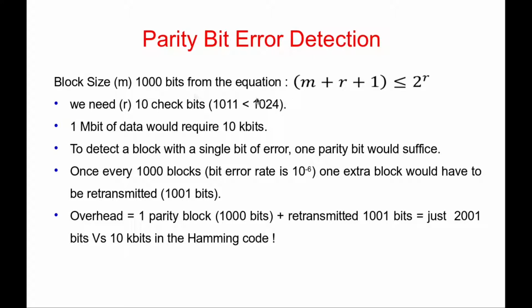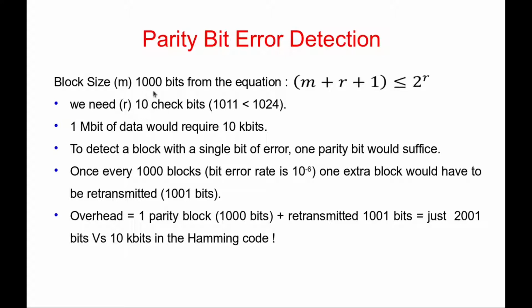So with that equation, if the value of M is 1000 bits, obviously R, that means the redundant bits, the check bits which are required, is 10.